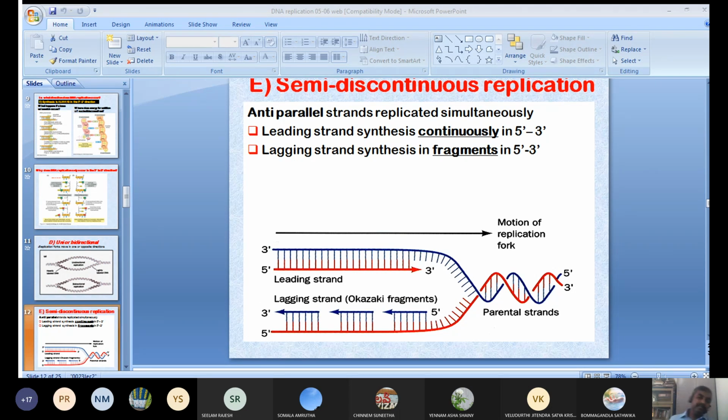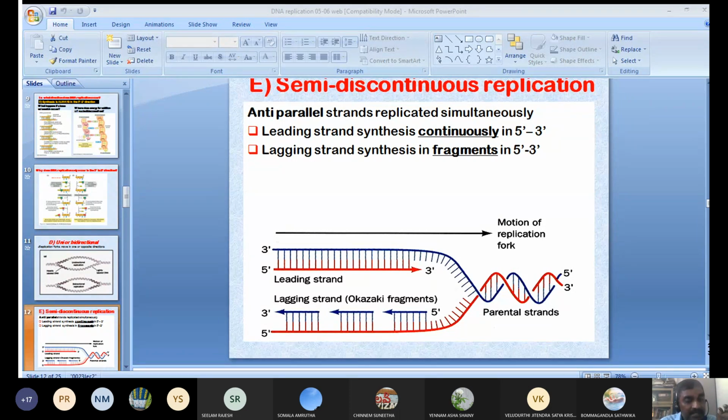Okay, and then what will happen: DNA polymerase 1 is another enzyme, because until now we saw the DNA polymerase is like DNA polymerase 3. There are three kinds of DNA polymerase, 1, 2 and 3, in the prokaryotic system, whereas in the eukaryotic system there are so many that we'll see later.